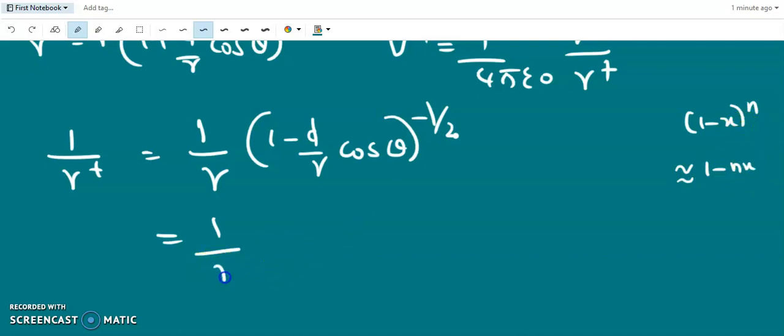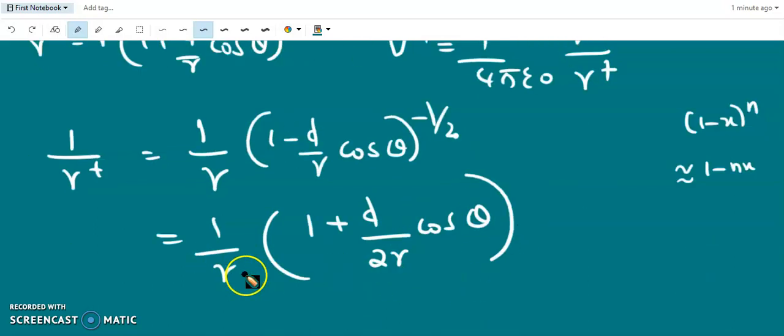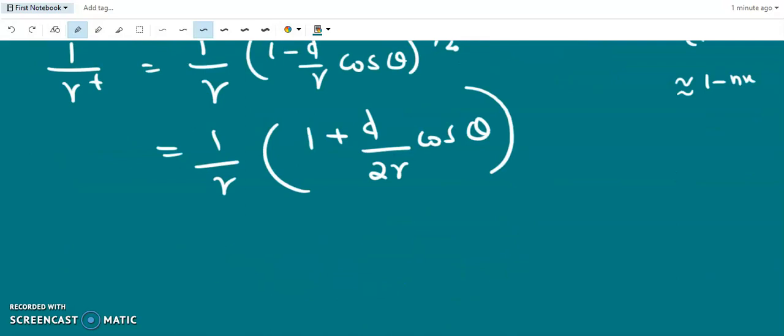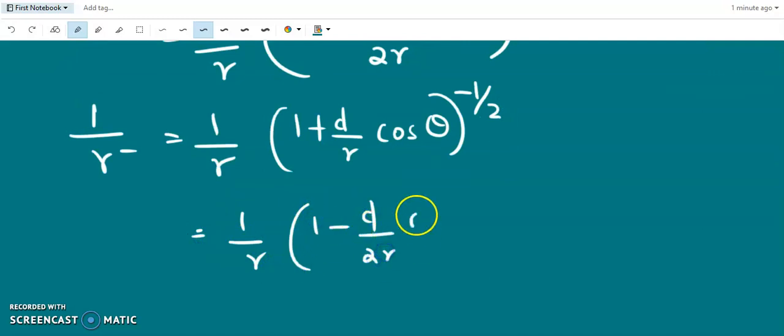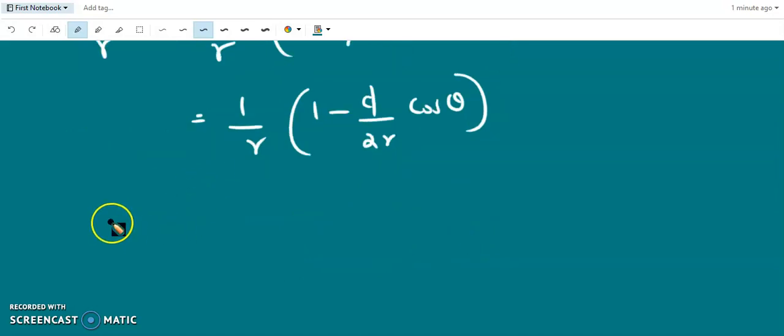So therefore we can write 1 over r into 1 plus d by 2r cos theta. Similarly, 1 over r minus can be written as 1 over r into 1 minus d by 2r cos theta.